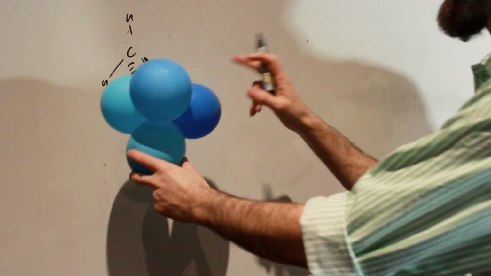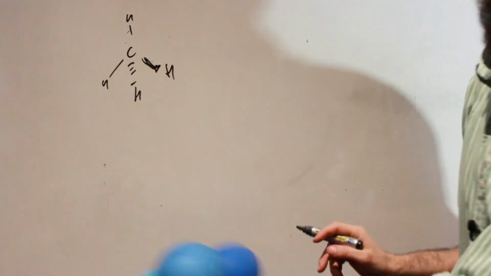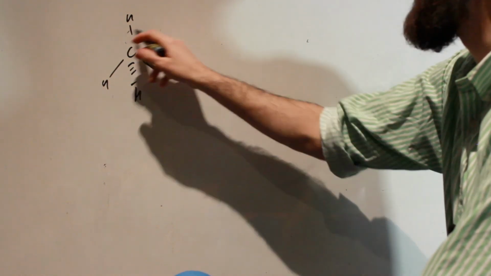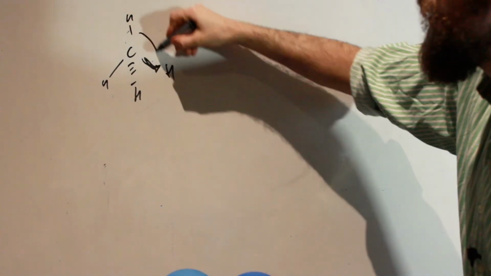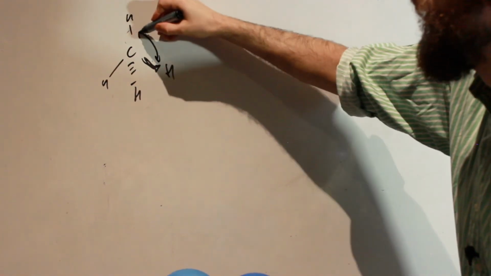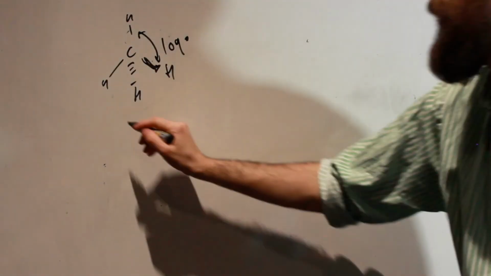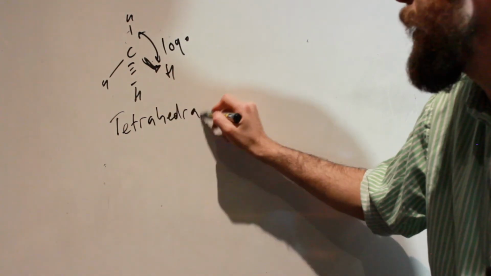And all of these are equivalent, so they're going to be repelling each other the same amount because they're all bonding pairs between the same atoms. So what we see is that we get a bond angle of 109 degrees, and you need to know these numbers. A tetrahedral shape will have a bond angle of 109 degrees.